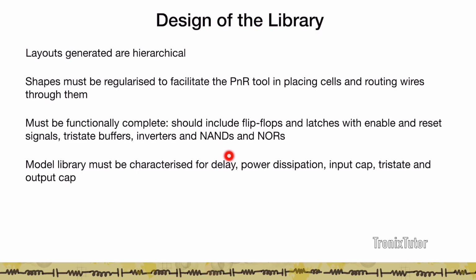For example, delay, power dissipation, the total capacitance at the input and the output, the tri-state quality of the particular output. In case you're using tri-state buffers, you want to ensure that the resistance is high enough. You want to calculate what that is, right? So all these characterizations need to be done during the design of the standard cell library.